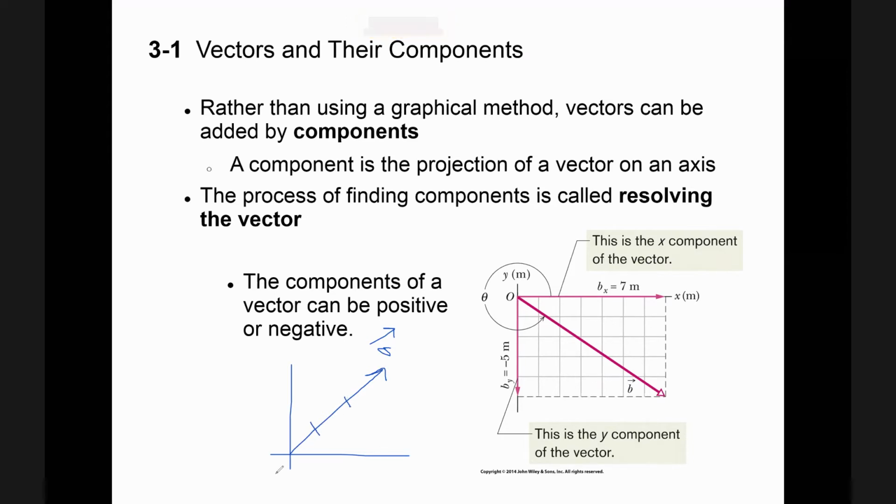Now say that this angle is 50 degrees. Of course this angle is relative to the positive x, right? Now if I complete the triangle here, this component is the ax, and this one, the same one here, is called ay.